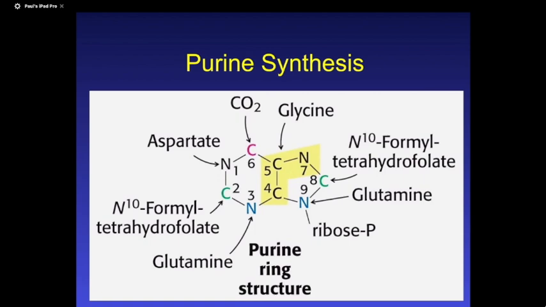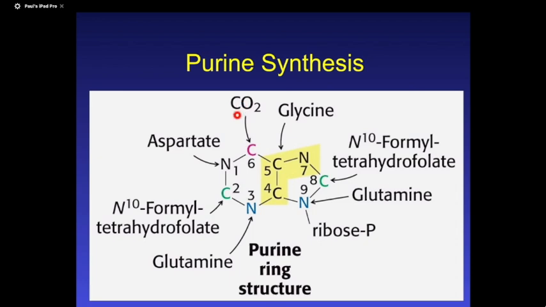All right, star this slide. You need to know this particular one, where all of the atoms come in from the purine synthesis. Now, what's interesting about this synthesis is that almost all of the single atoms come from large components that bring them in. And so the nitrogen here comes from glutamine. The tetrahydrofolate is going to bring this carbon in.